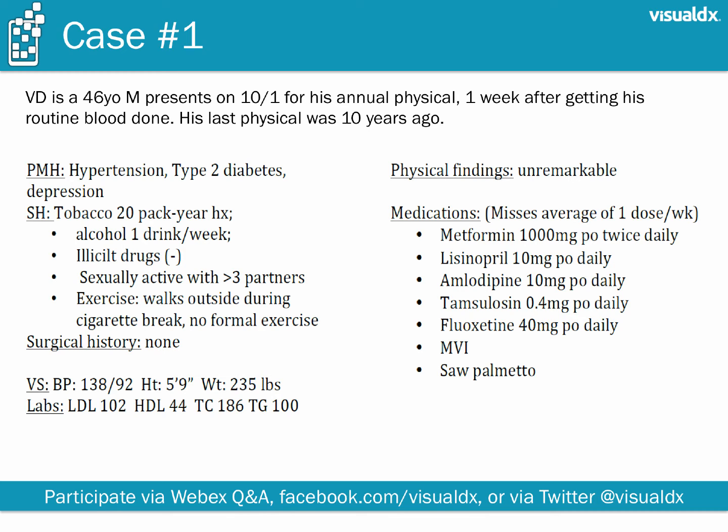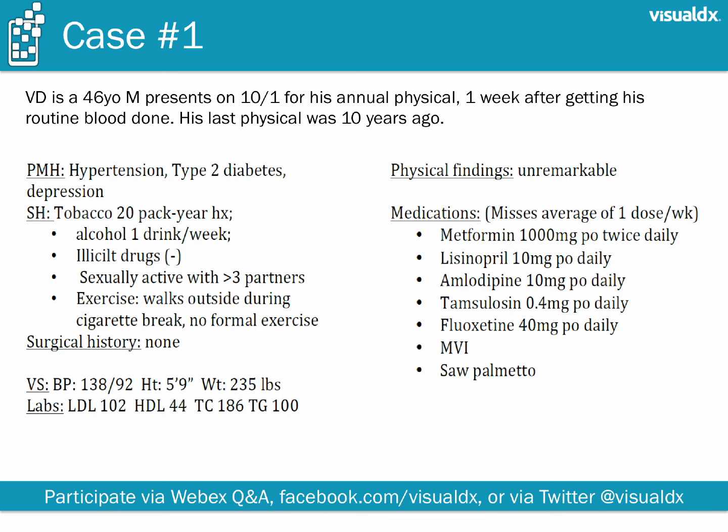His past medical history includes high blood pressure, type 2 diabetes, and depression. He smokes significantly. He drinks about a drink of alcohol per day and denies any illicit drug use. He is sexually active with multiple partners, and he walks for exercise to smoke a cigarette, so he doesn't really do any formal exercise.